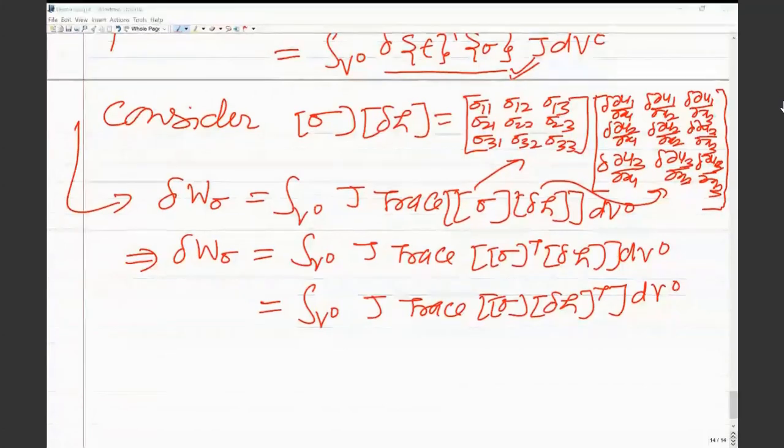Yeah. So hello, are there any questions, doubts? So finally, we are going to look at this quantity that I have derived, delta W sigma.